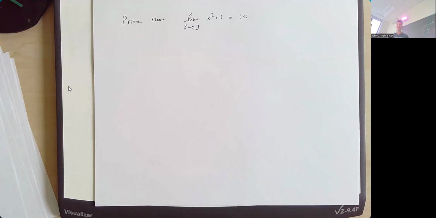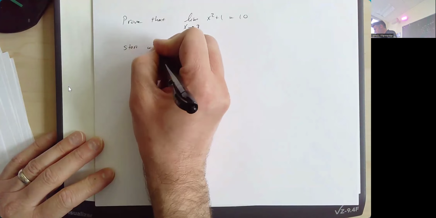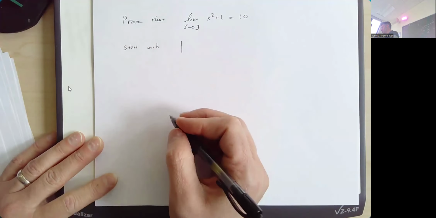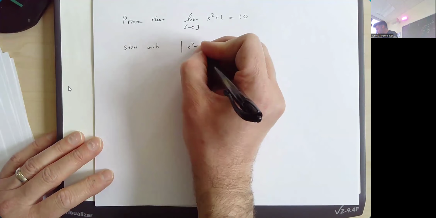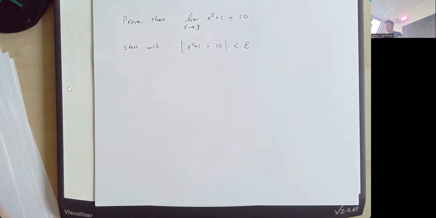Same thing we always do. We're going to start by saying I want the absolute value of my function minus the limit to be less than epsilon.